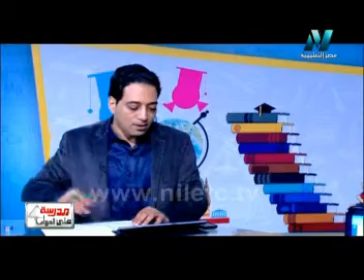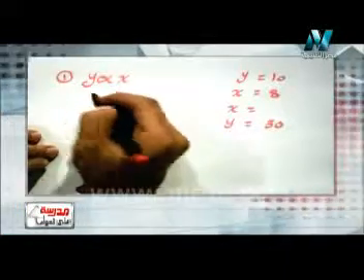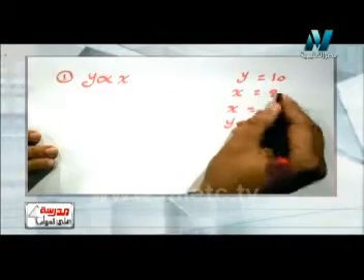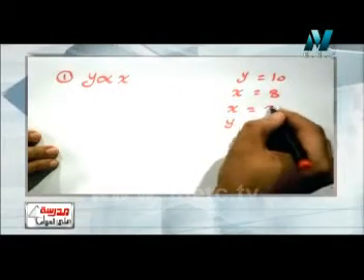We have this exercise, the one I just said before the break. It says if y varies directly as x, and y equals 10 as x equals 8, then find x when y equals 30.